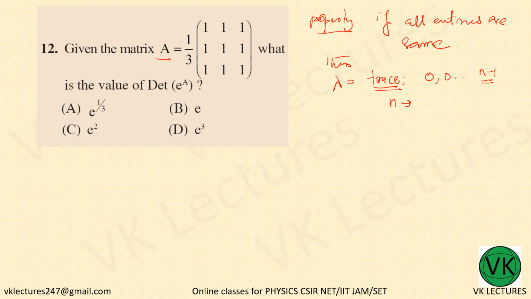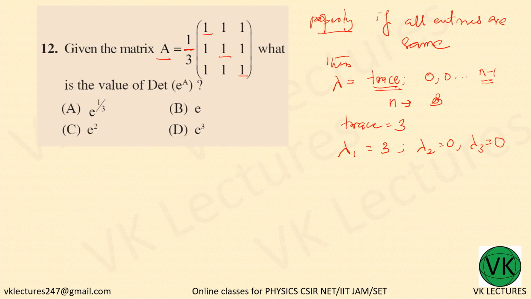So here what is the trace? That is equal to 3. So trace equal to 3. Okay, so what are the eigenvalues? Lambda 1 equal to 3, lambda 2 equal to 0, lambda 3 equal to 0. Now but look at the matrix A. You have to divide it by 1 by 3.